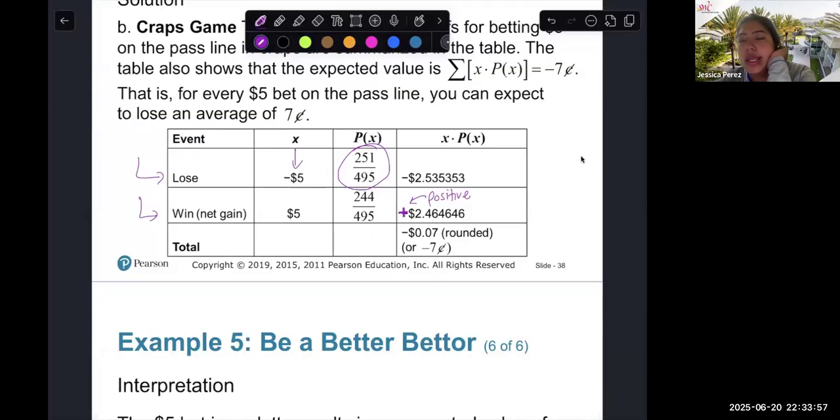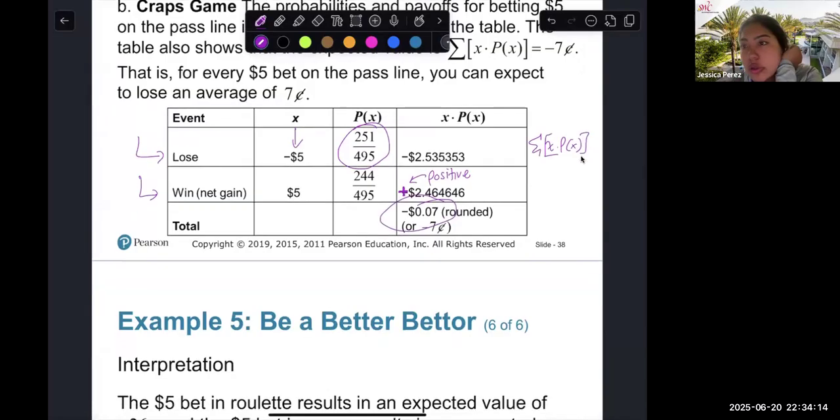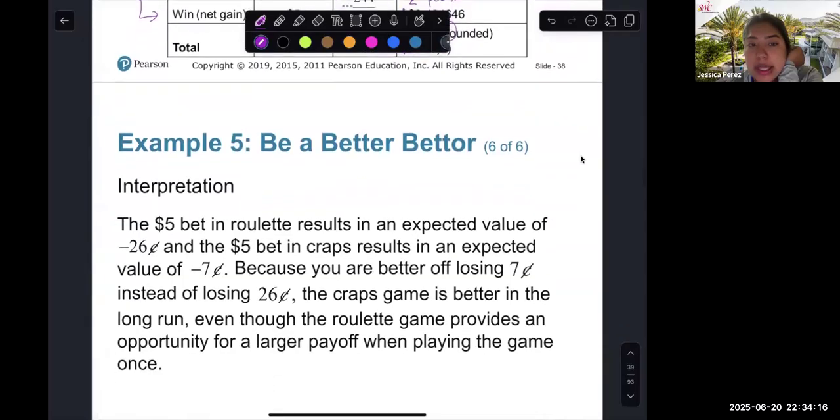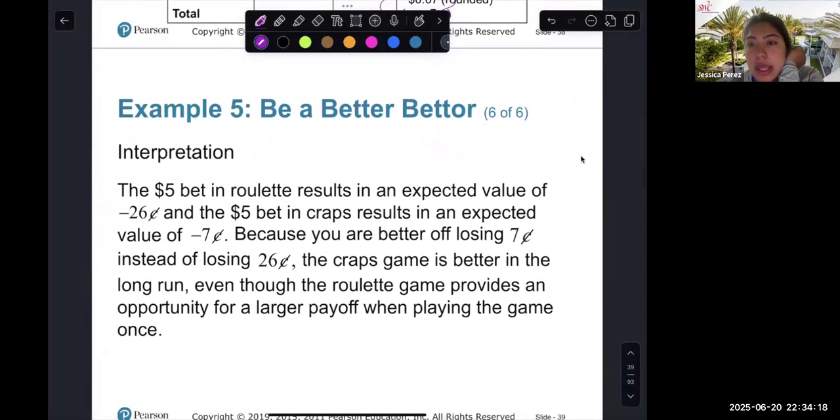When you add the negative x times p of x, and then add the positive one, because the expected value is the sum of x times p of x, we are going to be losing a total of 7 cents. So what does that mean for us? That means that you're better off playing a craps game because you're only losing 7 cents versus losing 26 cents.